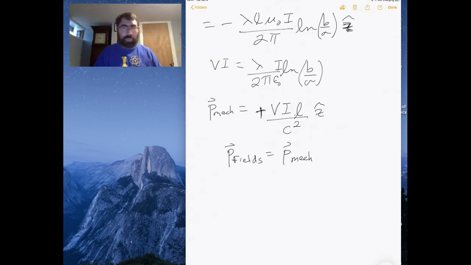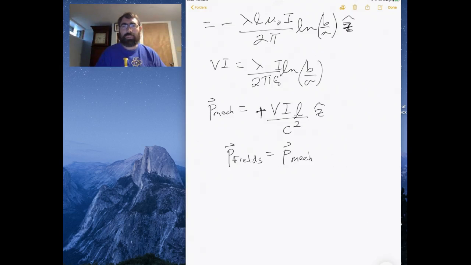The key point, the important part about this whole exercise is the fact that the momentum is the same. So no matter what point of view I take, whether I'm saying what is the momentum stored up in the field, or what is the momentum that you get when a force is pushing the charges along the conductor, you in the end get the same result, which hopefully makes sense because momentum is conserved.